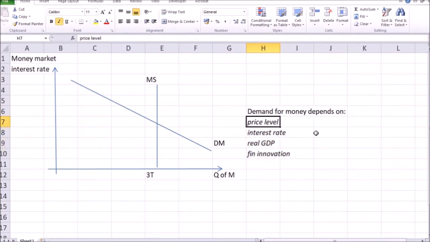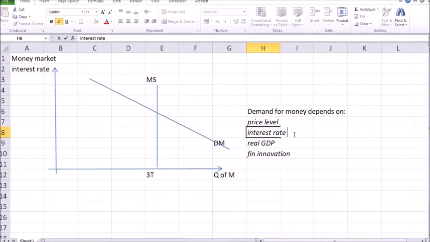The price level. If the price level is increasing, higher price levels will mean that I'll need more money to afford to buy things. So higher price levels will increase demand for money. Interest rates. Higher interest rates means that if I keep cash rather than having my assets in the form of financial investments, I will lose out more on not having those investments, because those investments might generate interest for me.